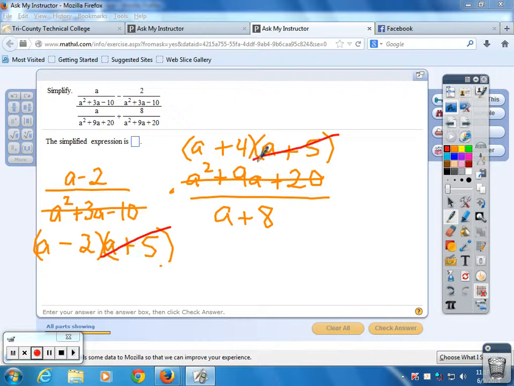What else? A minus 2 cancels. So you're left with a plus 4 over a plus 8. And that's it. A plus 4 over a plus 8.